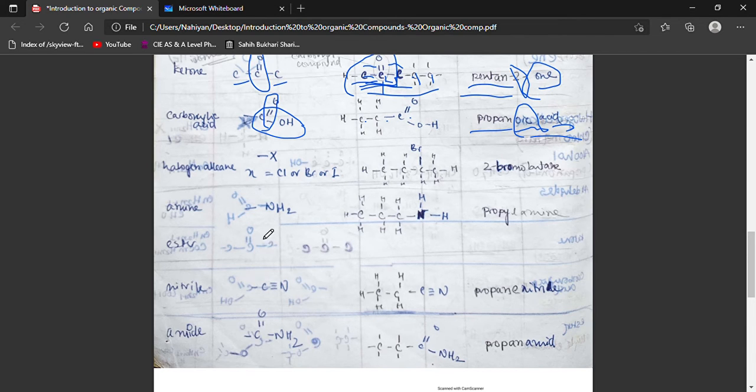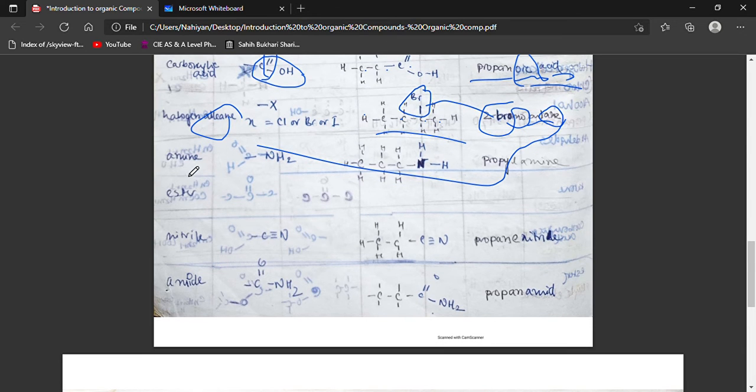For halogen alkane, it's just an alkane with an H substituted with a group 7 or group 17 element. And you have the prefix bromo here, which means bromine. And you have 1, 2, 3, 4, so it's but, and since it was an alkane before, it is ane.